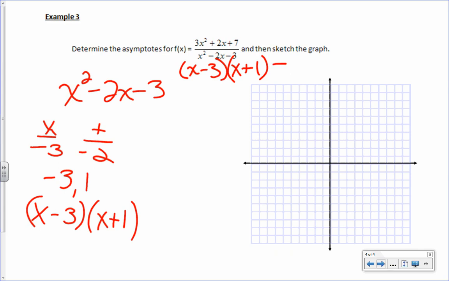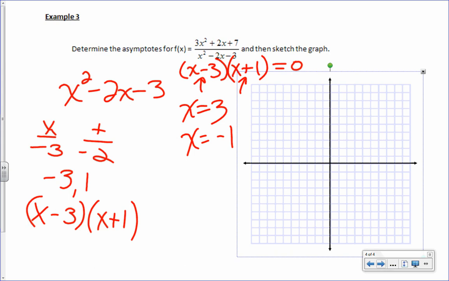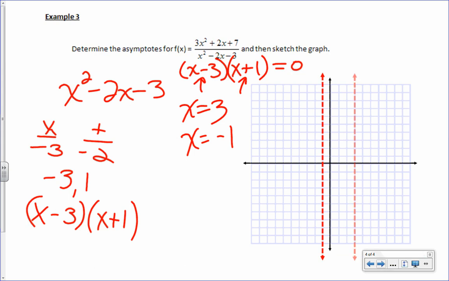So what will actually make that say 0? When x is what two values? When x is 3 from this one right here, and when x is -1 from that one right there. Well, I think it's there. There it is. And there it is.